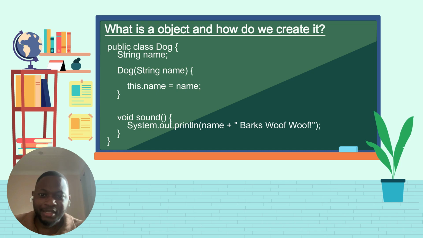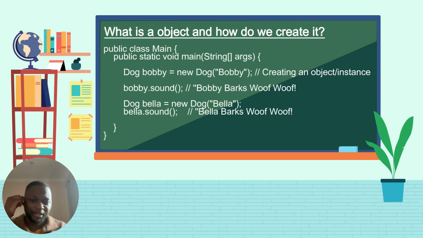I'll show the example of how we can create an object from this class on the next slide. Here we have our dog class reference and Bobby, which will be the object reference, is equal to new Dog. By saying new Dog, we're creating an instance of the class, or we're creating the object. That's how we create an object.